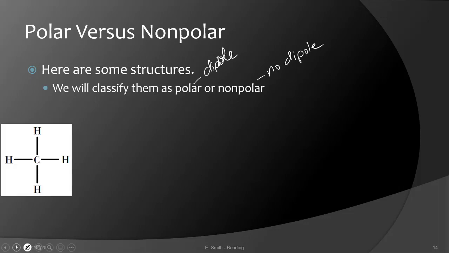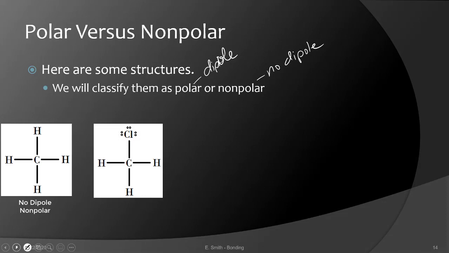So let's take a look at our first structure. What do you think? We got carbon in the center, each hydrogen there. Do we have a dipole or no dipole? If you said that we have no dipole, you are correct, okay? Because of the equal pulling in equal and opposite directions. What about now?